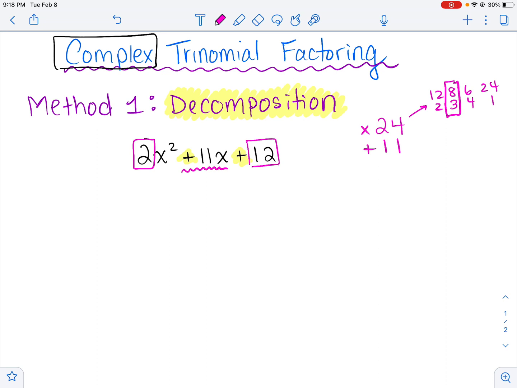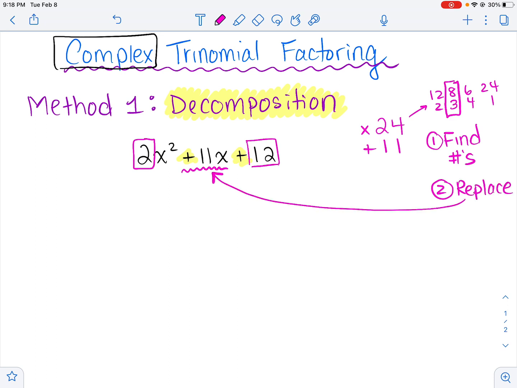So now, next step. First, we find our numbers. I'm just going to use short form. Second, we replace the middle term with the two numbers that we found.